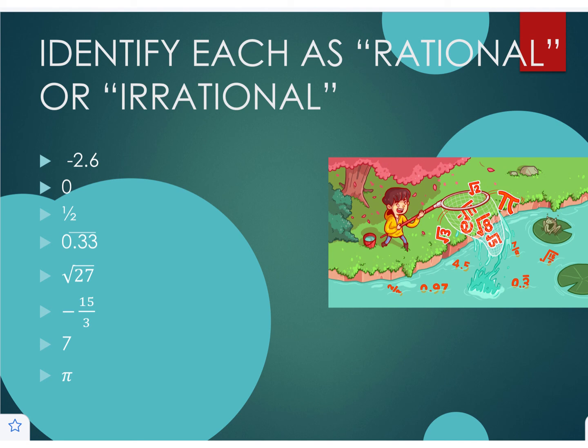All right, so last piece for today, going to identify each as rational or irrational. Okay, so first one we have is -2.6. Right next to it, you're going to either write rational or irrational.